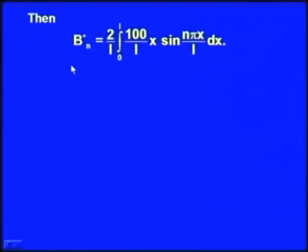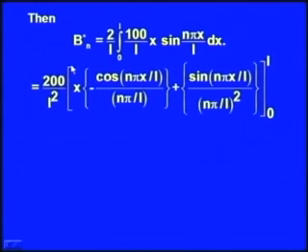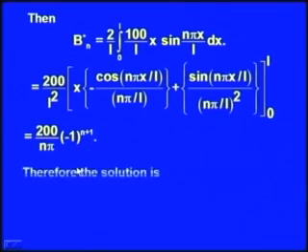And when you integrate this by parts, you get 200 over L square multiplied by x into minus cos n pi x by L over n pi by L plus sin n pi x by L over n pi by L whole square, evaluated at 0 and L. And when you put the lower and upper limits and simplify, the values of b n star are given by 200 over n pi into minus 1 to the power n plus 1, where n takes values 1, 2, 3 and so on.